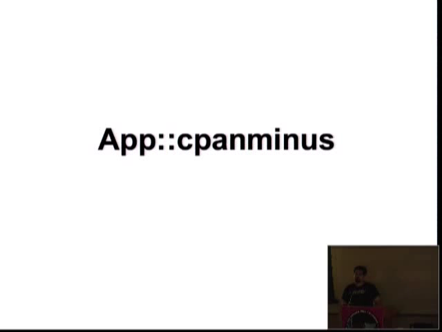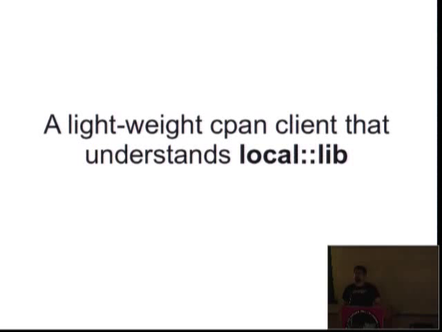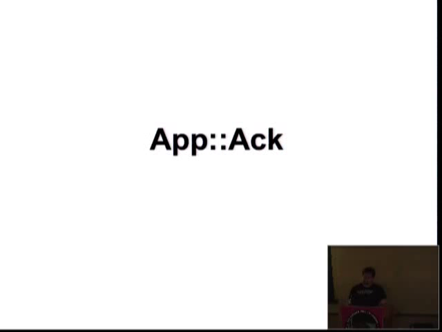If you don't want to wait for CPAN to start up or don't want to configure it, cpanminus is very nice because it understands local::lib and, even if you don't have local::lib installed, can automatically install CPAN modules into a directory under your home directory. And you could use that to install local::lib into your home directory and then load local::lib from there as well, and then CPAN will use it. So that's actually a pretty big deal.